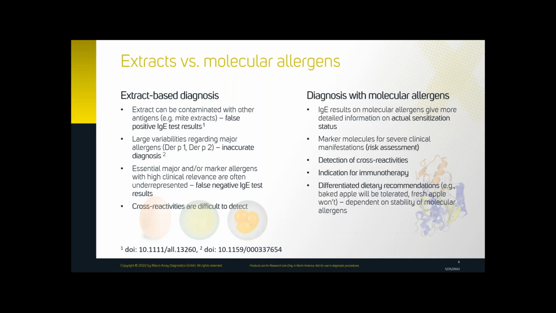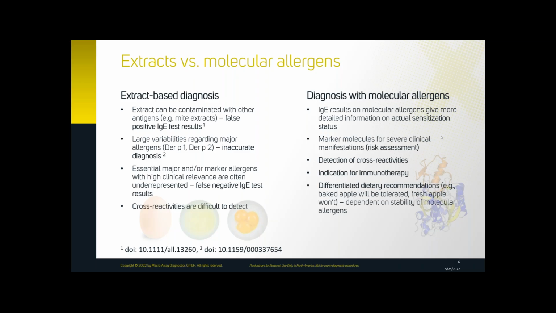IgE results on molecular allergens give more detailed information on the actual sensitization status. The marker molecules help in assessing the risk for clinical manifestations and determine if anaphylaxis might be imminent.